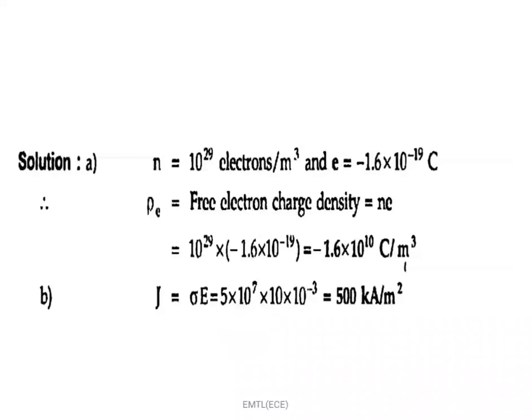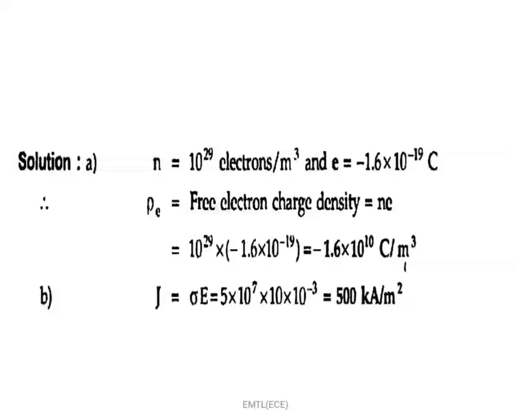Now by substituting sigma and E values here, the current density value is 500 kilo ampere per meter square.